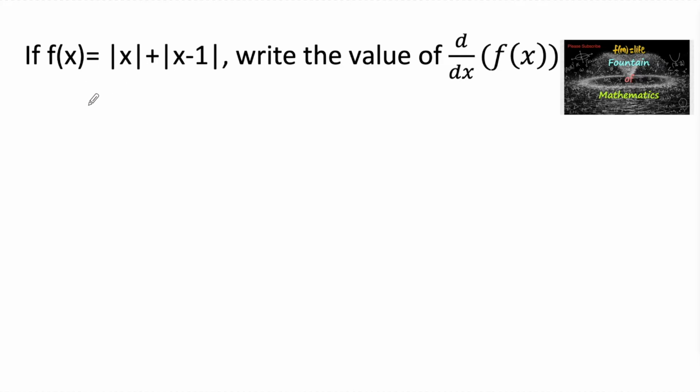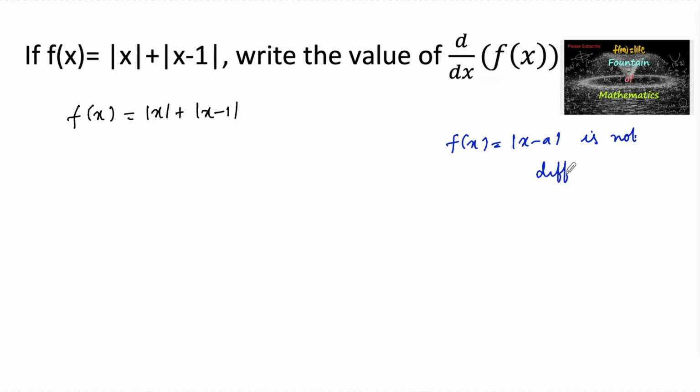If f of x is equal to mod x plus mod of x minus 1, then write the value of d by dx of the function f of x. Very clearly, we know that f of x equal to mod of x minus a is not differentiable at x equal to a, the point where the mod becomes 0.